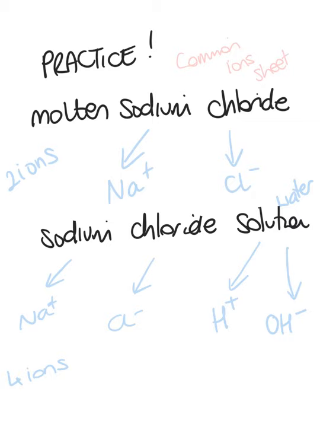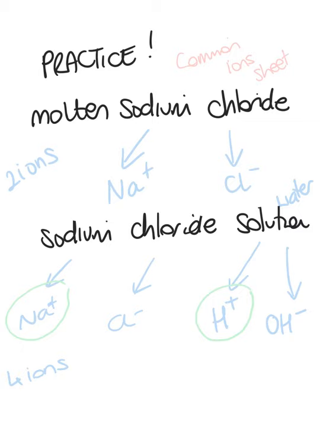There's two rules that you need to know. The rules are on my next slide, but I'm just going to talk you through them while I have these ions in front of me. Let's start with the positive ions. We have two positive ions here, Na+ and H+.